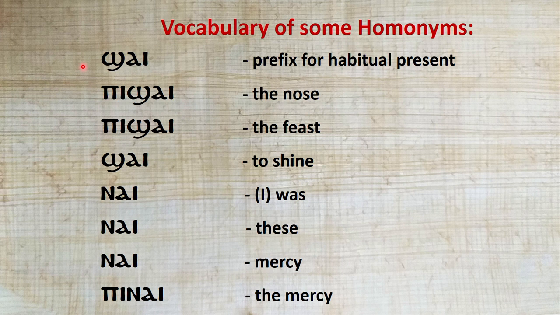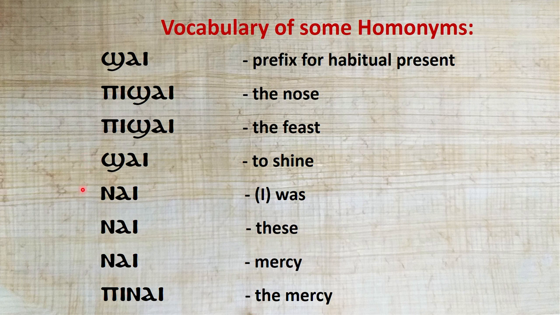Shai, this is the prefix we just saw a few moments ago, the prefix for habitual present. And we have pishai, it means the nose. Shai alone means nose. Or pishai means the feast, because shai also means feast. Shai is also to shine, for example when we want to say manshai, which means the sunrise.